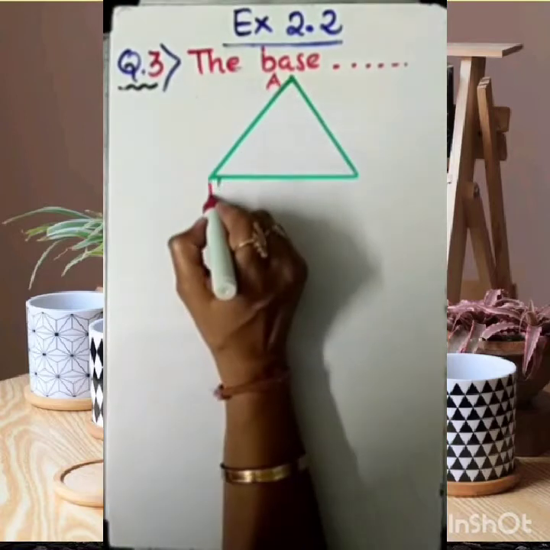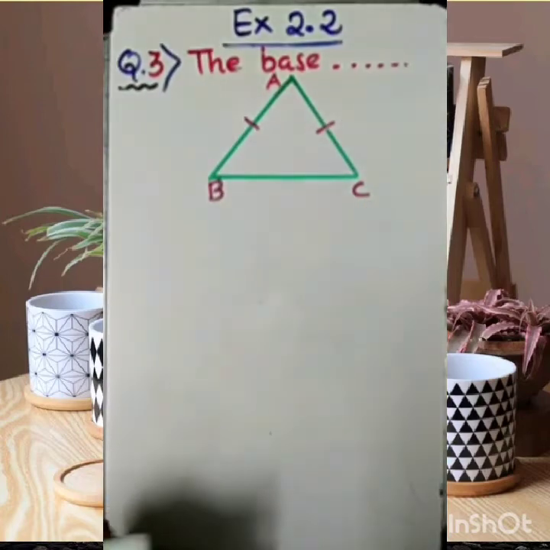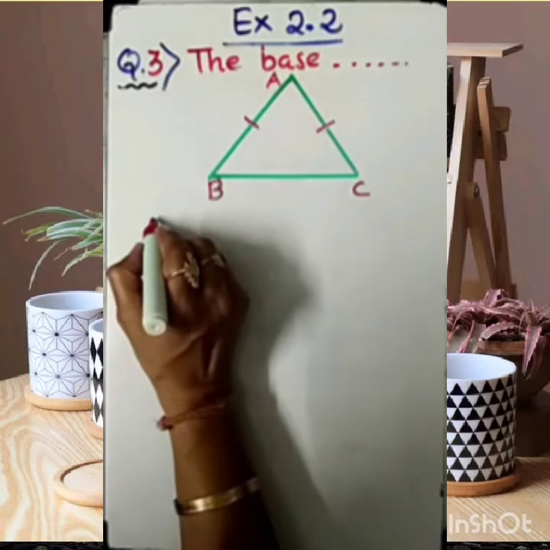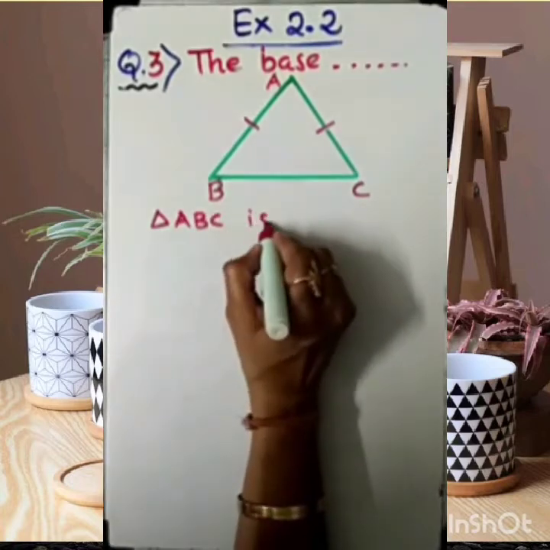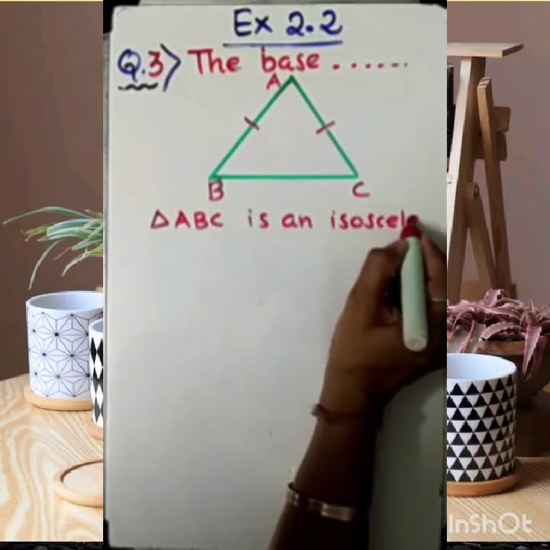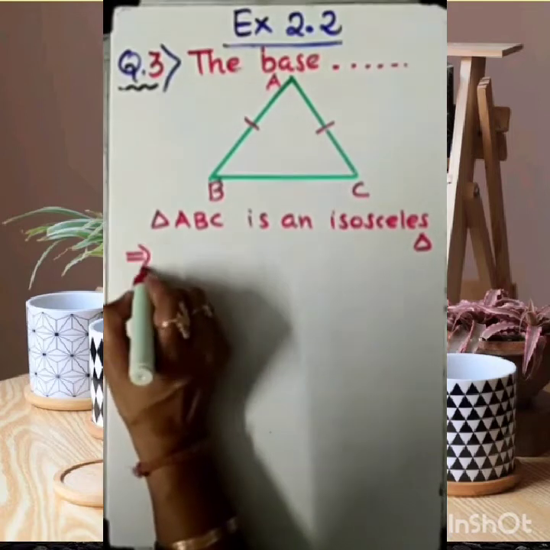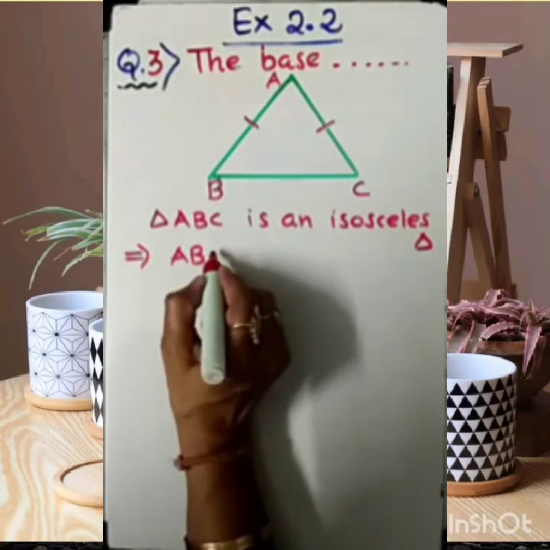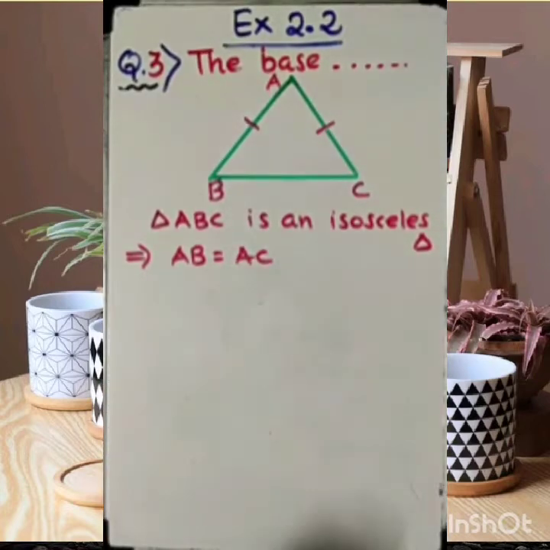Let me call it ABC, and suppose these two sides are equal. This triangle ABC is an isosceles triangle. Isosceles triangle indicates that two sides are equal. Therefore, I should say AB equal to AC, which we do not know.